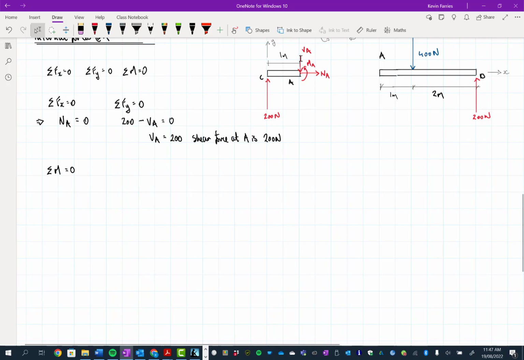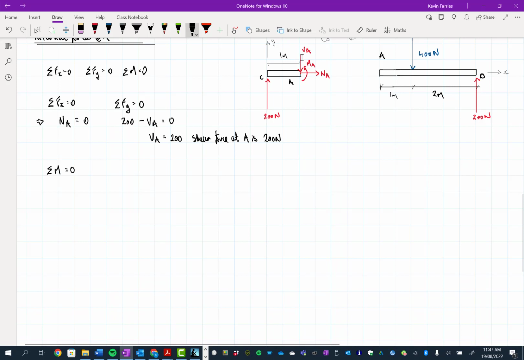Why is that good? Because it means that this VA doesn't have a moment and this NA doesn't have a moment. Neither of those are going to have a moment because they go straight through that point. So that moment will turn into 0. What we're going to be left with is this has got a lever arm of 1 meter.